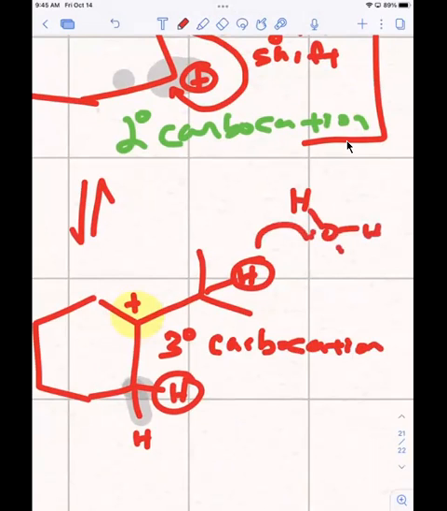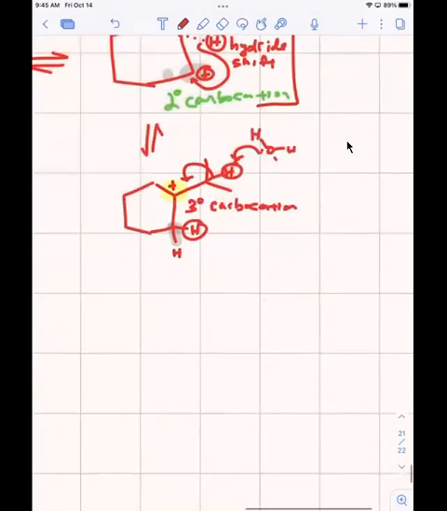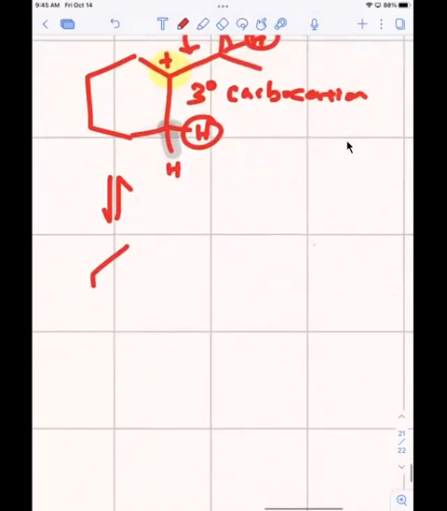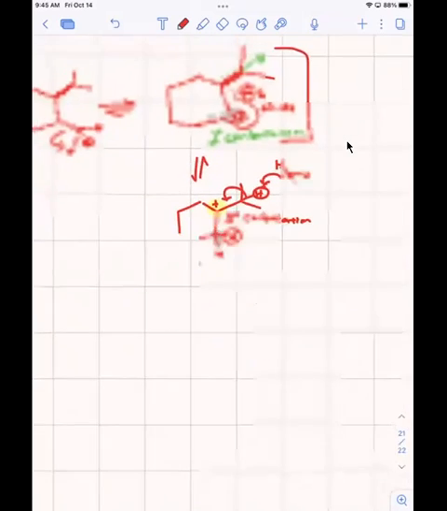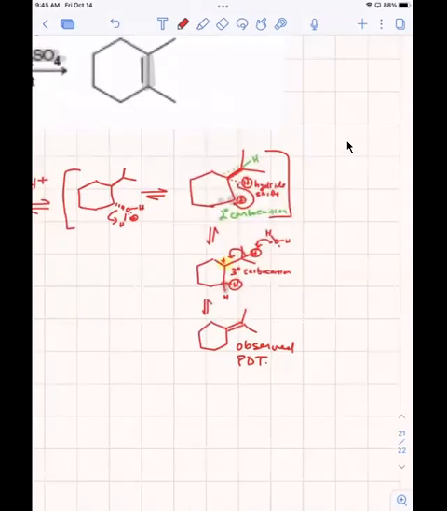Water comes in, takes that, and now you can get to that product. That's the observed product, which is this. That's the observed product. All right.